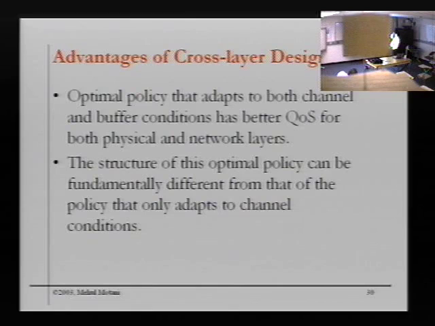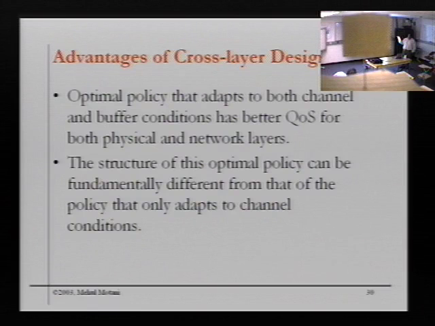So the takeaway points are that when you adapt to both the channel and buffer, you get better QoS at both the physical and network layers. Meaning that for fixed average power, I can get a lower packet loss rate, and for a fixed packet loss rate, I need less average power. The structure of this policy can be different from other policies that adapt to only channel.